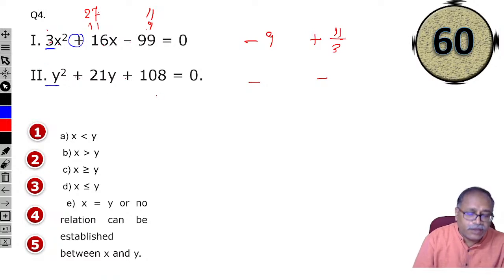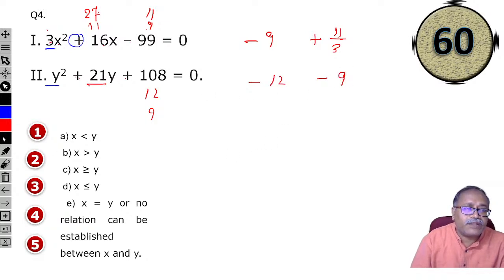And coming over here, anyone answer the question? Here 108. How do you break 108? I know the very first thing is 12 into 9 is 108, and here I see 12 plus 9 is 21. So it's 12 and it's a 9.